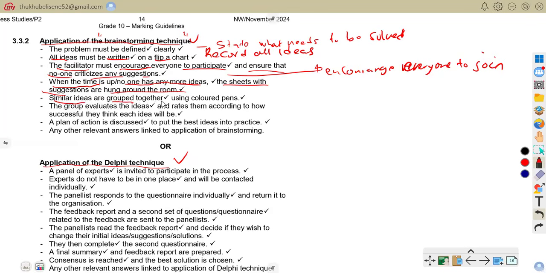Similar ideas are grouped together using colored pens. That is what we have already talked about. Also, the group evaluates ideas and rates them according to how successful they think each idea will be. A plan of action is discussed to put the best ideas into practice. So any answers related to this brainstorming are acceptable.